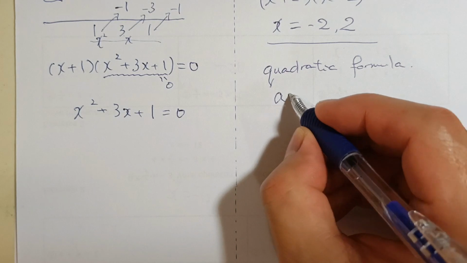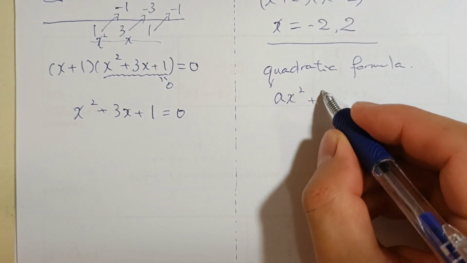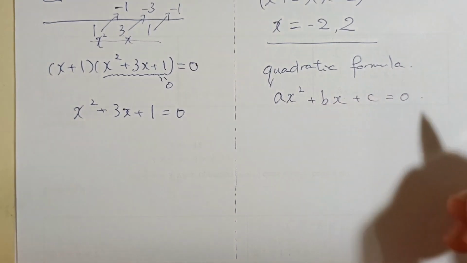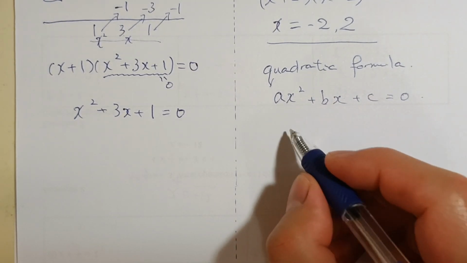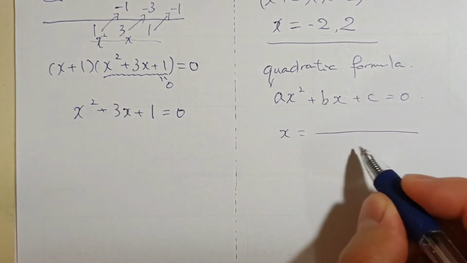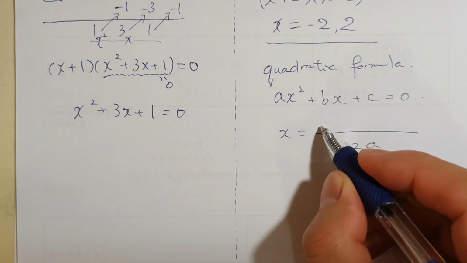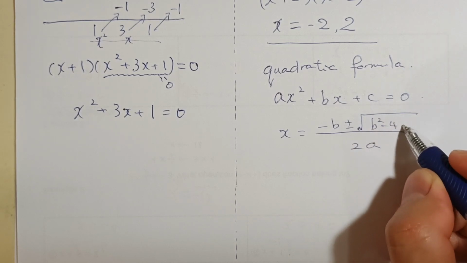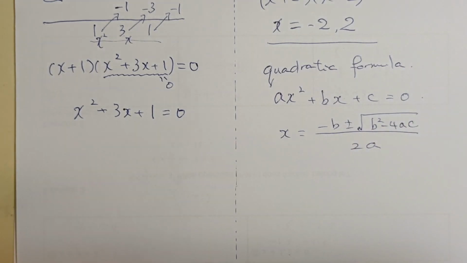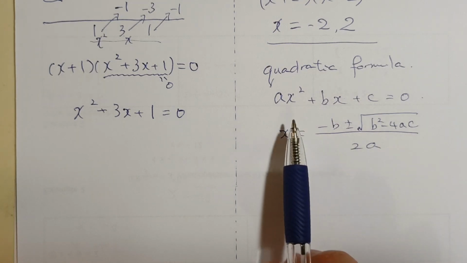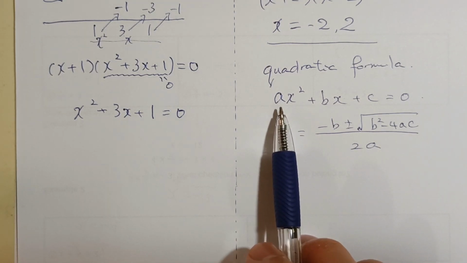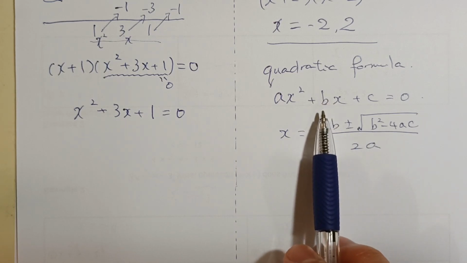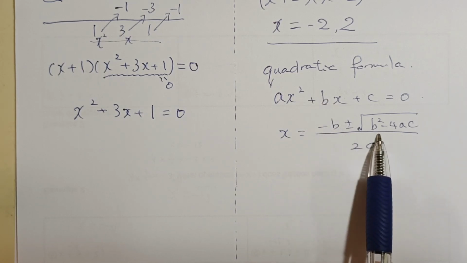If the quadratic equation is like this, the solution is always minus b plus minus square root b squared minus 4ac, like this. Okay? So if the number a is 5, you put 5 instead of a. If the number b is 2, you put 2 instead of b, like that.